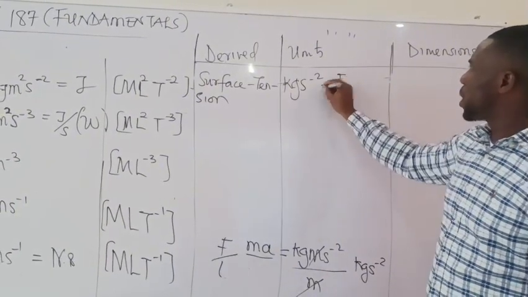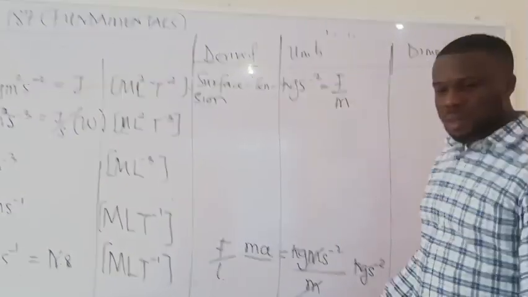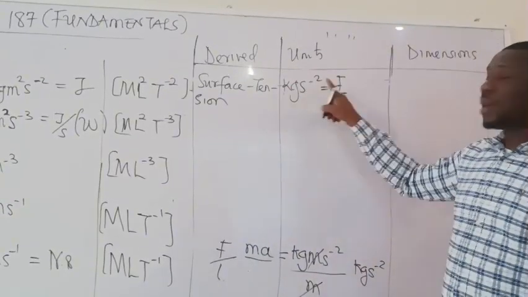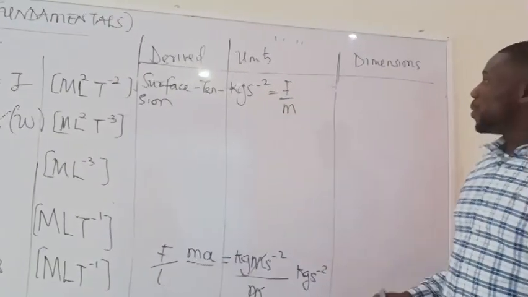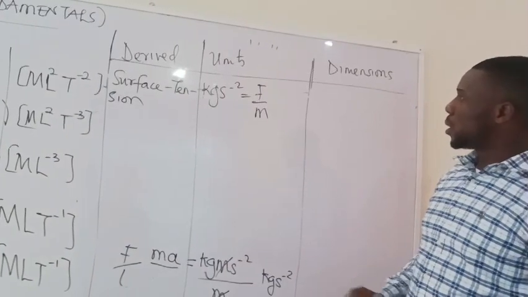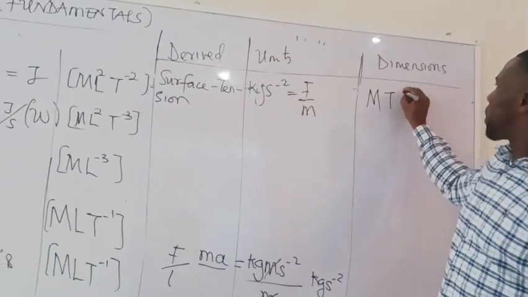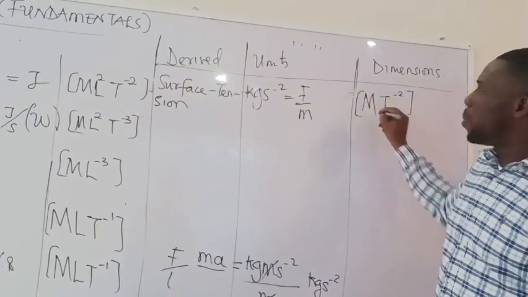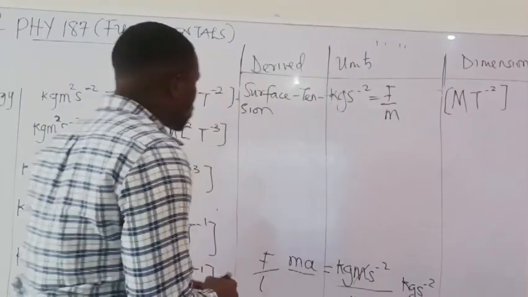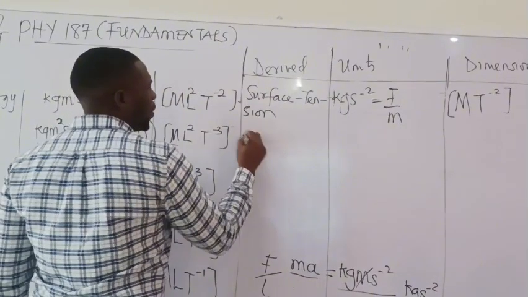And these are equivalent in regards to the SI and the derived unit. The dimension will be M for mass, T for time, raised to power minus 2.